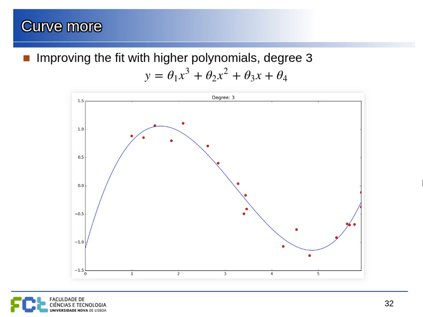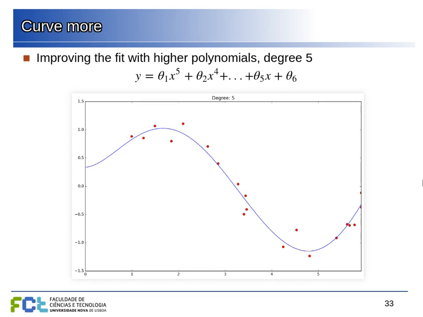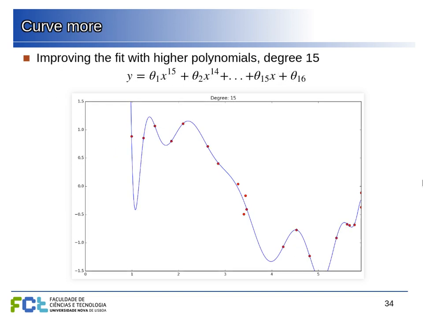We can go to 6 dimensions, for example, adding all the way to x raised to the power of 5, or 16 dimensions, for example. In this way, we have 16 parameters to adjust our curve, and we go all the way to x raised to the power of 15.